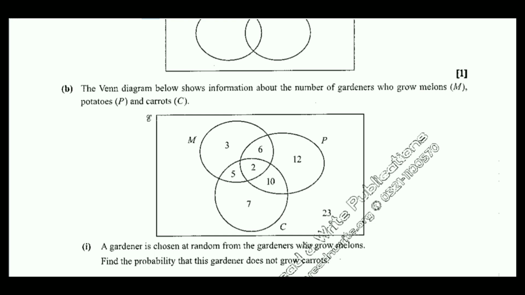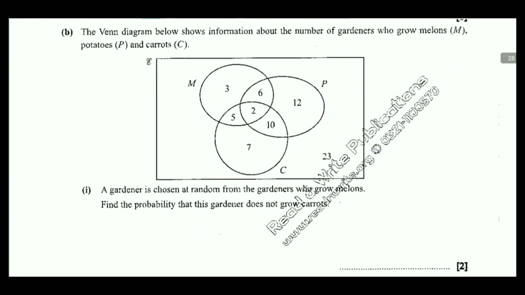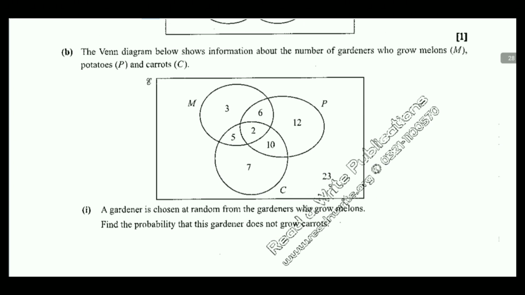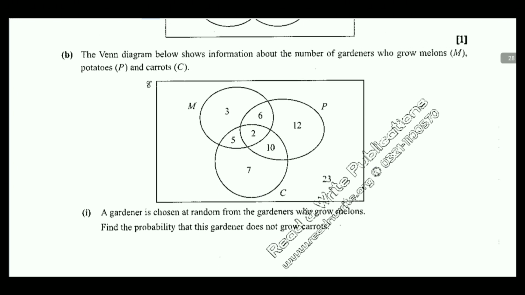So here what you have to do, you have to find the probability. Okay, a gardener is chosen at random from the gardeners who grow melons. Now you have to do the total of the melons part.